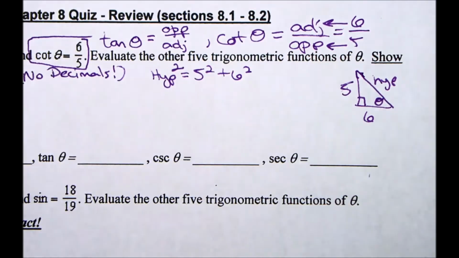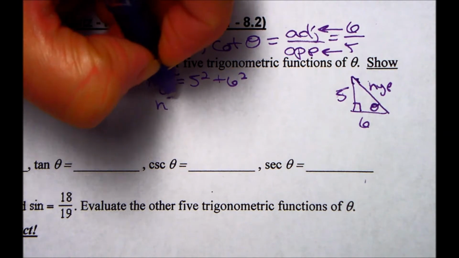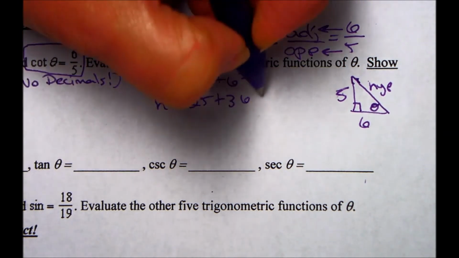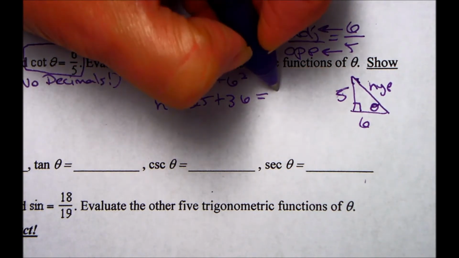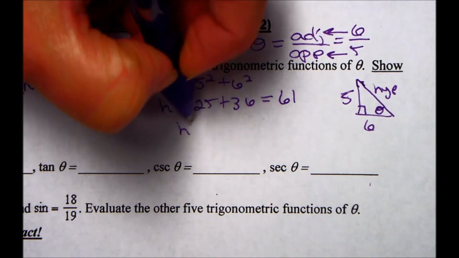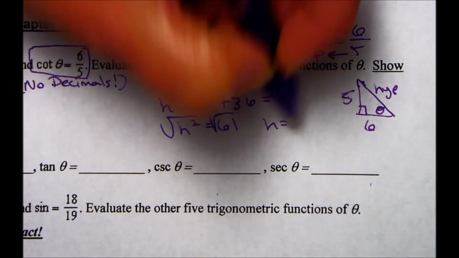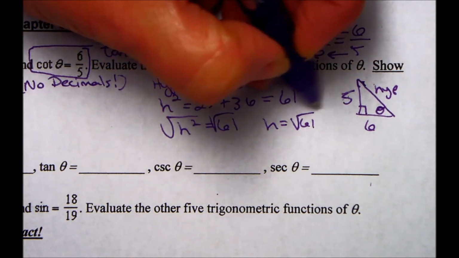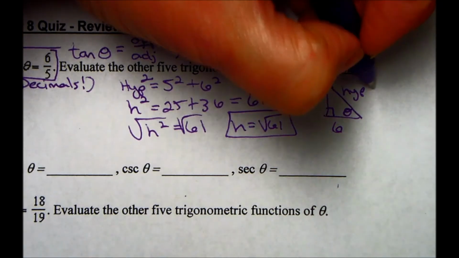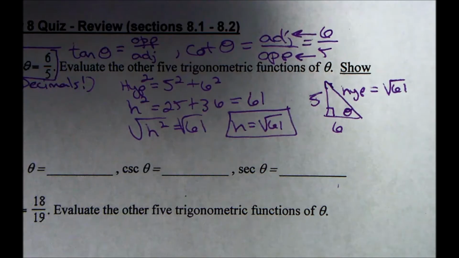Zoom that in so you can see a little better. So I'll just call it h squared or c squared equals 25 plus 36. When I add that, I get 61. And so if h squared equals 61, the square root of that, h, is going to equal just the square root of 61. The square root of 61 cannot be simplified, so we're just going to say the hypotenuse equals the square root of 61 because we want exact values.